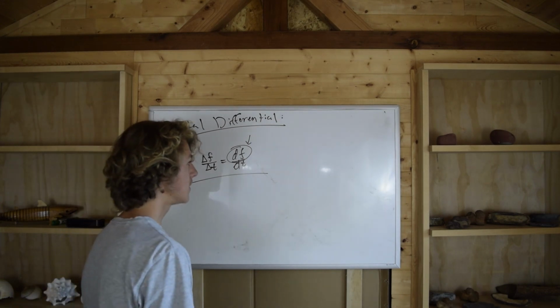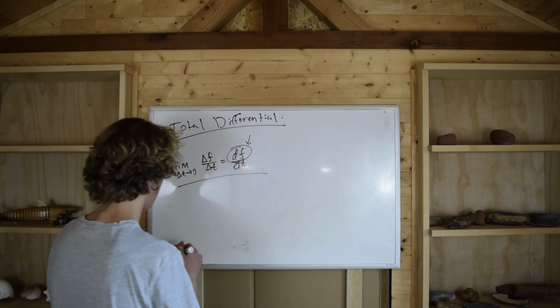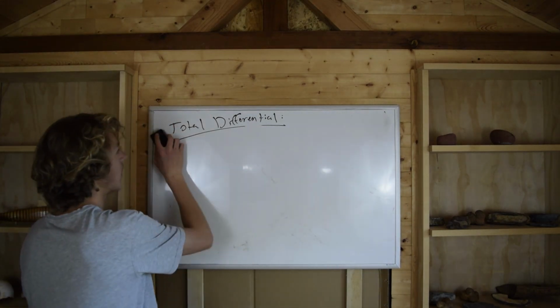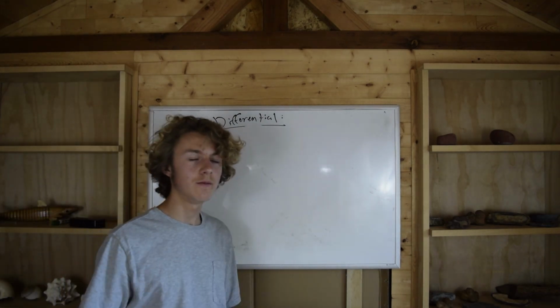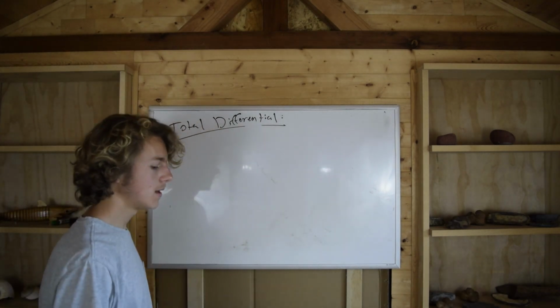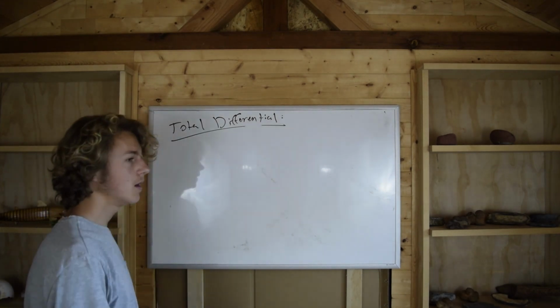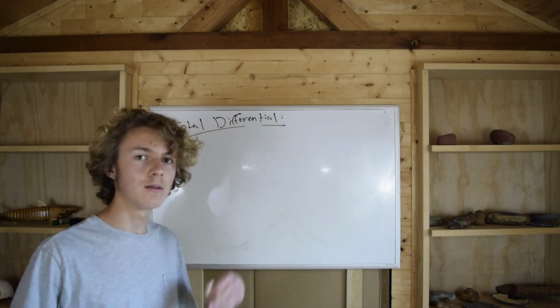I'm going to write this out here. If we said I want to find the change in the x direction or y direction, we restrict our view to just x and y. But if I want to find the change in f, now I want to find the change in both x and y combined to form our f.